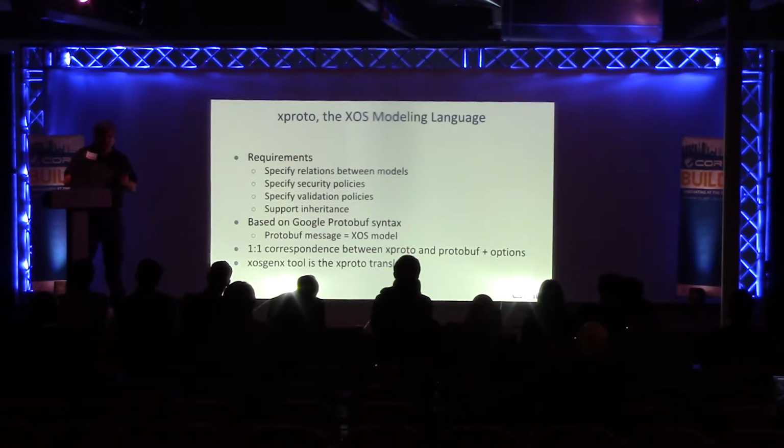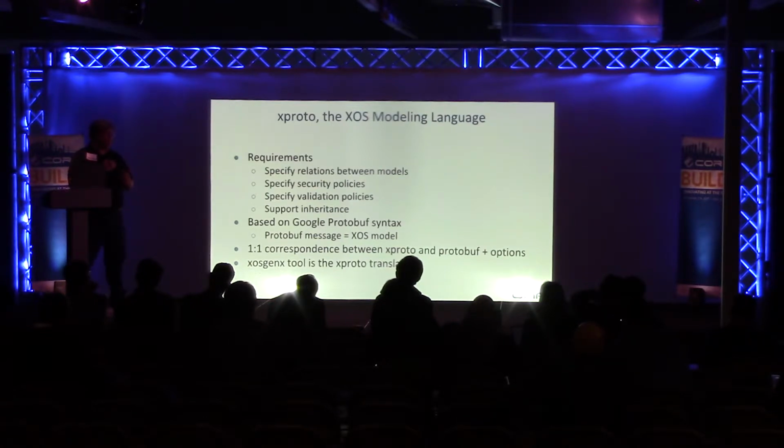So what we did is, we couldn't find exactly what we wanted out there, so we thought we'd base something off of Google protobuf, since protobuf seemed a convenient syntax for us, and protobuf has wide adoption and wide support. So we started off with the protobuf message as the basis for our XOS data model specification.